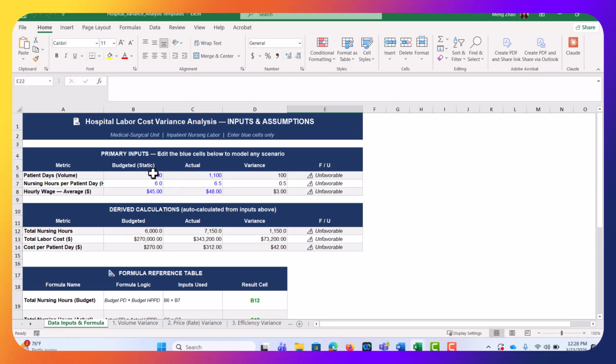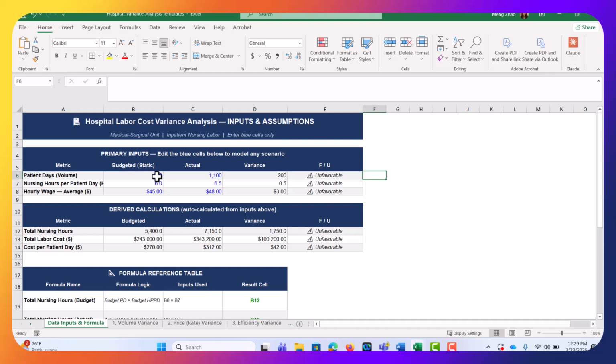So for example, the budgeted patient days in our original data set is 1,000. If we change it to 900, you can see that the total labor cost automatically changes as well.